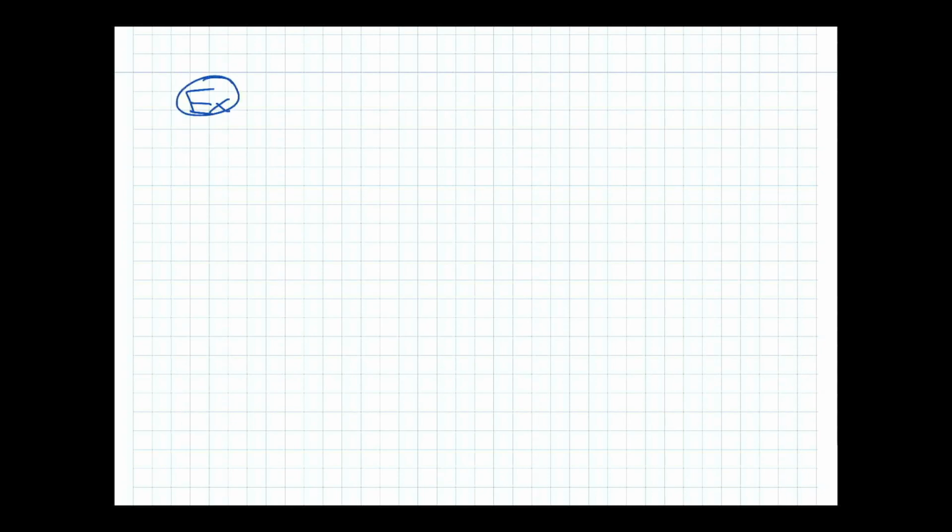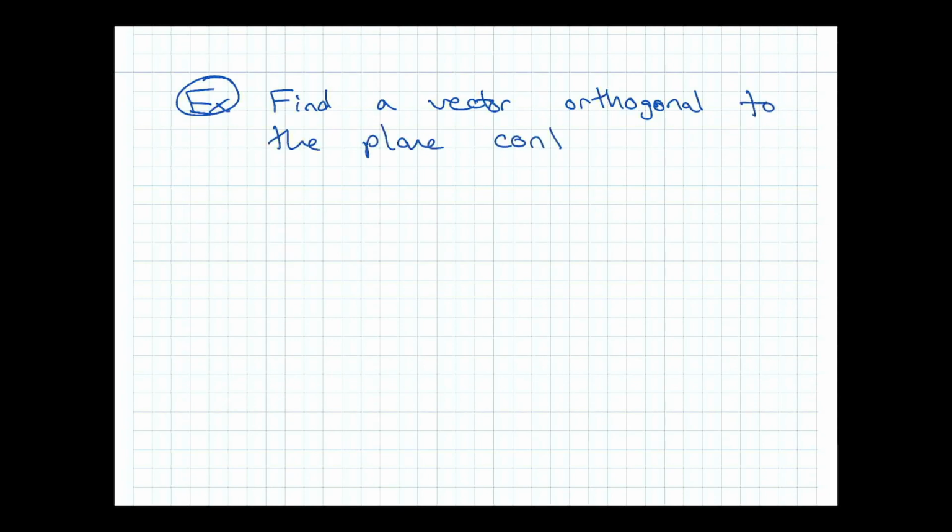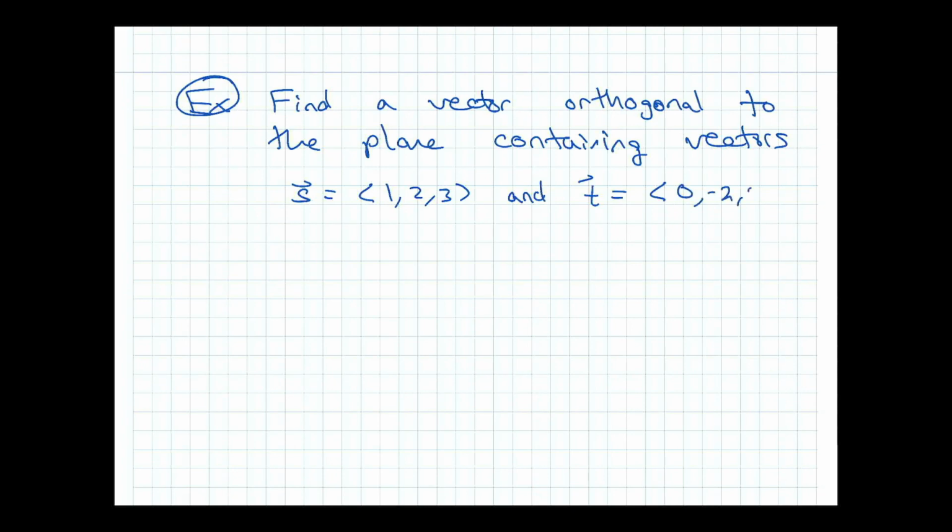They say, find a vector orthogonal to the plane containing vectors, let's say S = 1, 2, 3 and T, just some other vector, right? So let's say 0, -2, 2, right? Something like that.